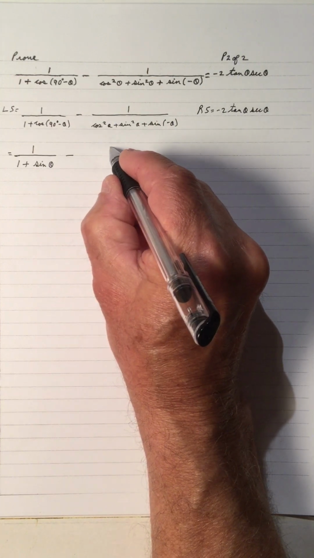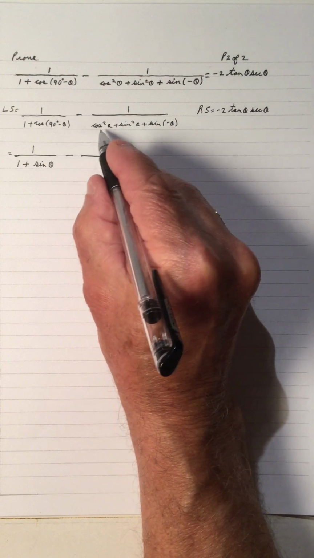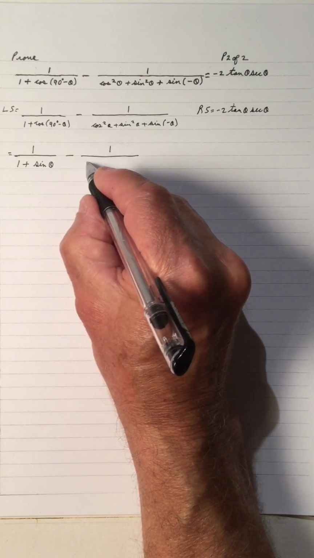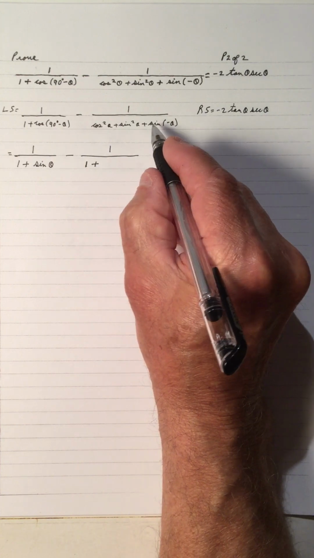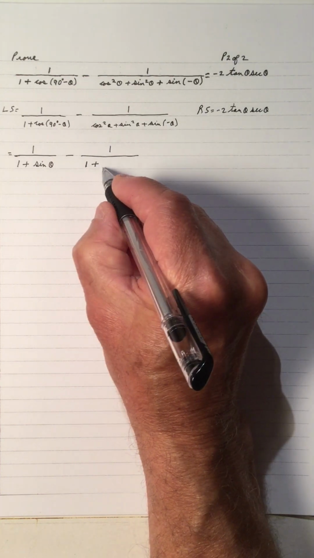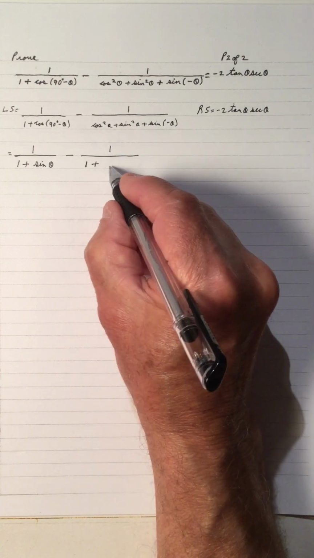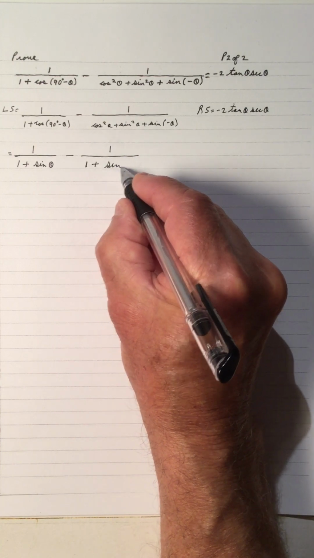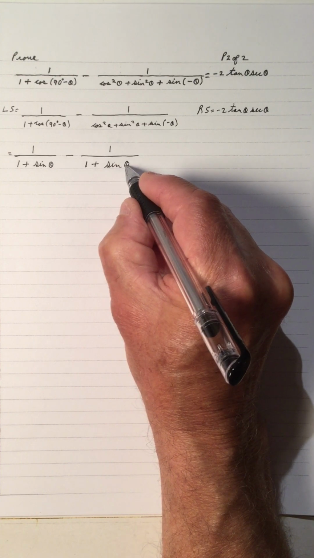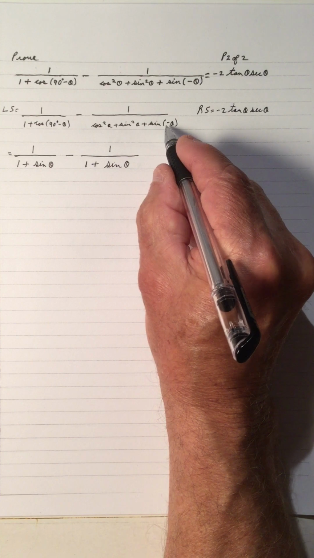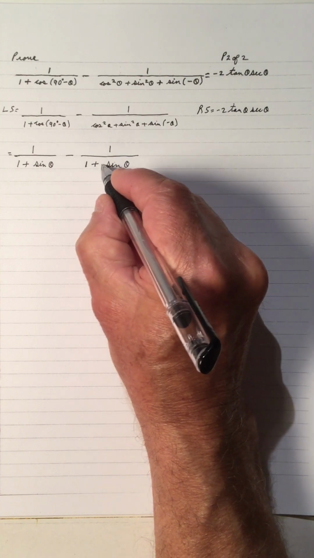And we have a 1, and we have cos squared plus sine squared. Cos squared plus sine squared is the fundamental identity, so that's 1. And sine of negative theta is negative sine theta. Theta is in the first quadrant, sine is positive. Negative theta goes to the fourth quadrant, so that's a negative.